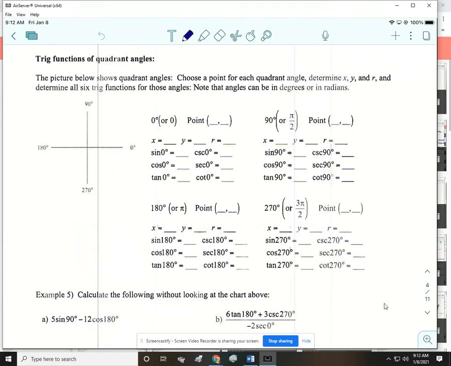Let's start with 0 degrees. We graph a point at 0 degrees and think of that point as being 1 unit away from 0. So this point is graphed by going 1 unit to the right, which is the point 1, 0.